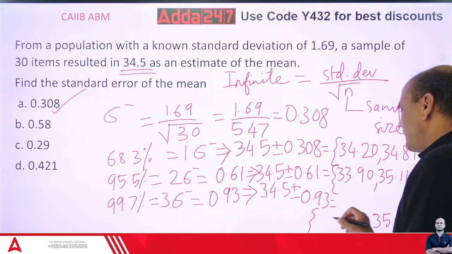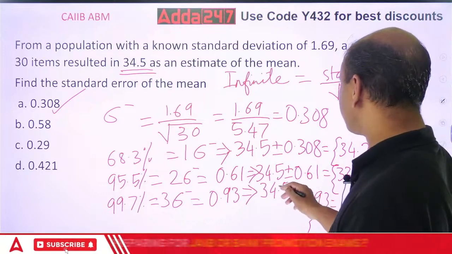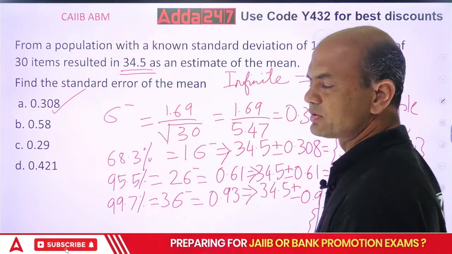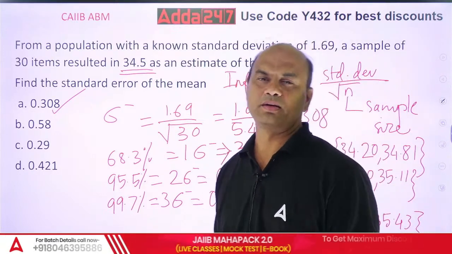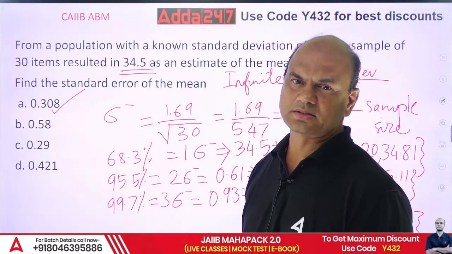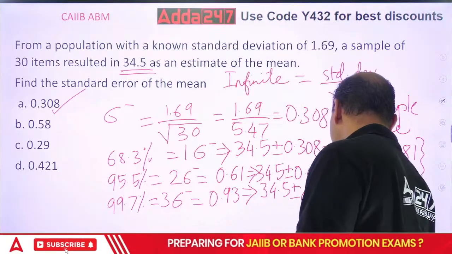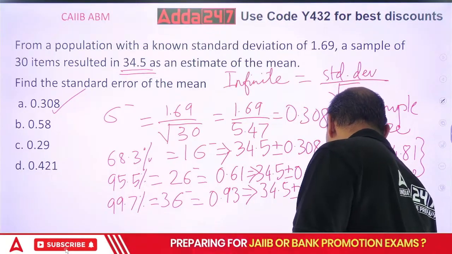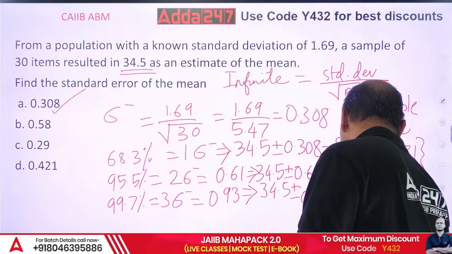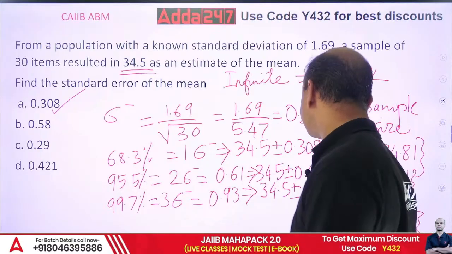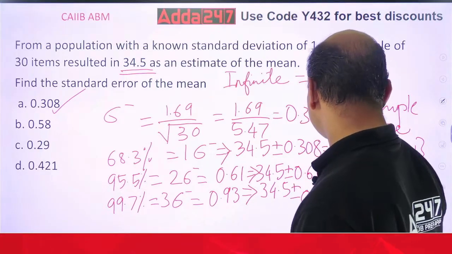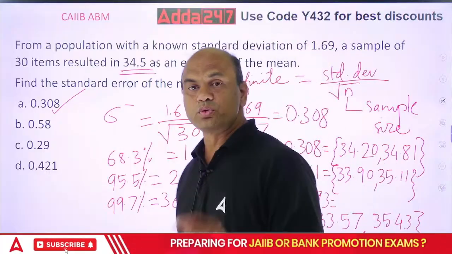And on the back side, 34.5 minus 0.93. So 33.57. Isn't it? 33.57. Get it correctly? Yeah. So this is the use of standard error.